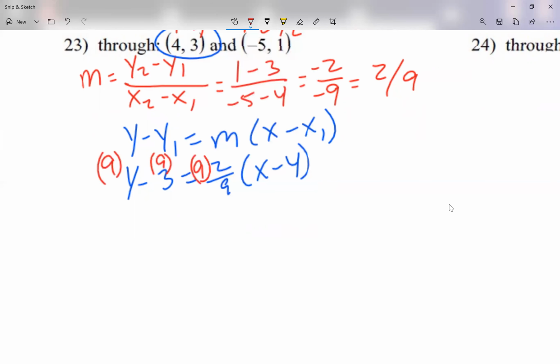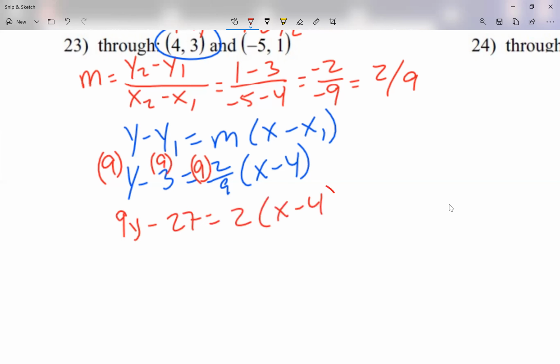I don't have to multiply to the inside of the parentheses, but I'm going to multiply everything by 9. That is going to get rid of fractions. So that gives me 9y minus 27 is equal to 2 times x minus 4. I chose 9 because that was the number at the bottom.